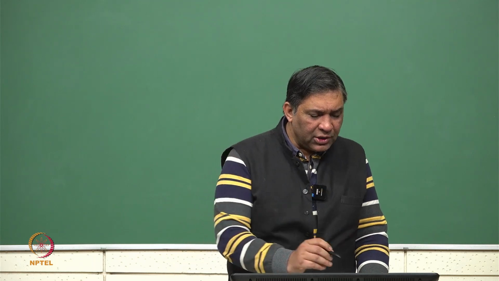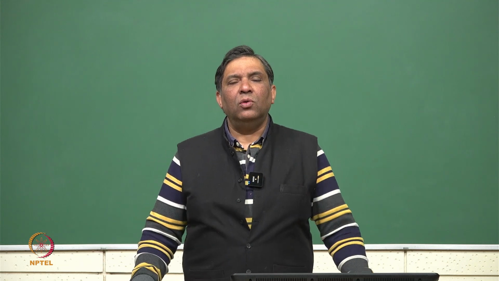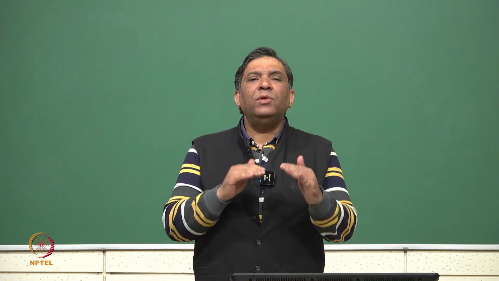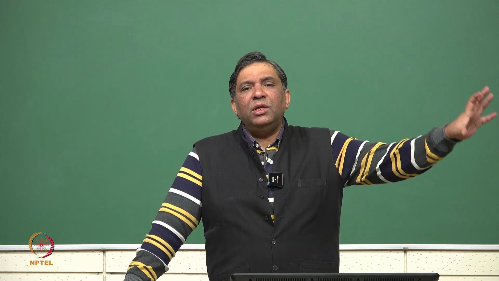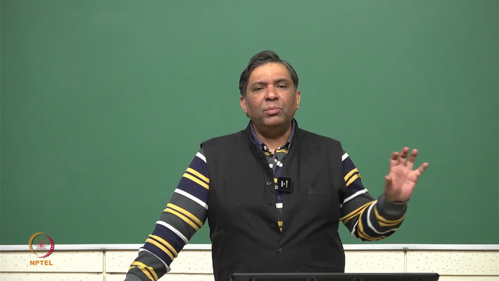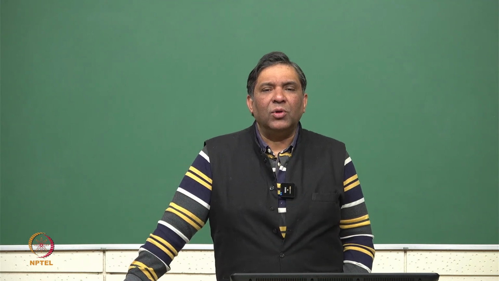The fourth question: what are the advantages of a heterojunction solar cell with respect to a homojunction? This is a very interesting point. Actually, we have not yet discussed heterojunction. Heterojunction means when you have two different semiconductors. That means, for p type you use one particular semiconductor, for n type you use another semiconductor.